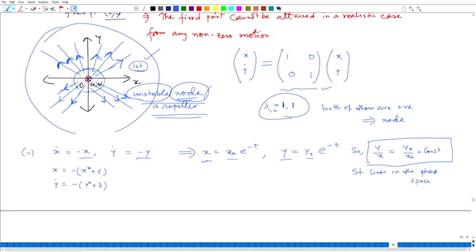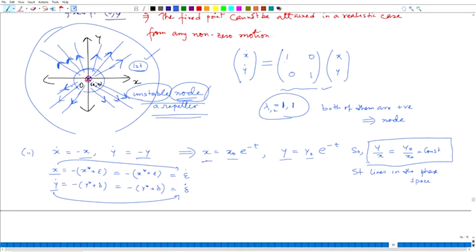Sorry, I am writing the same thing again. These two will then be epsilon dot, because x star is constant, and delta dot.